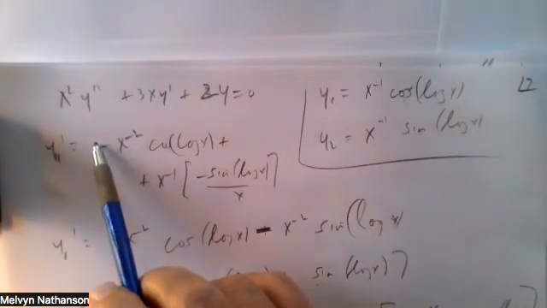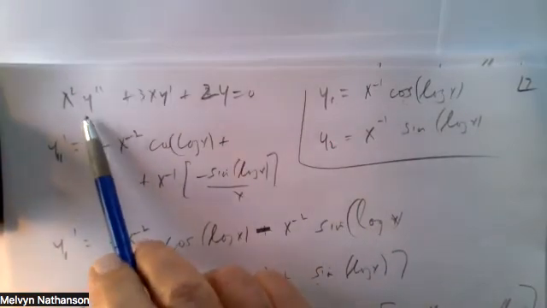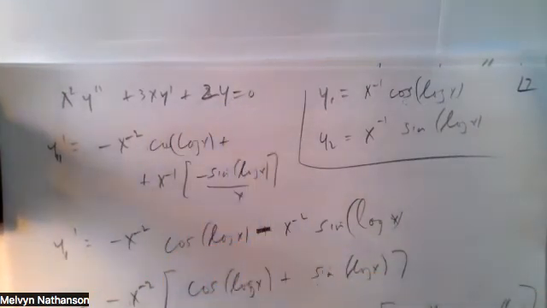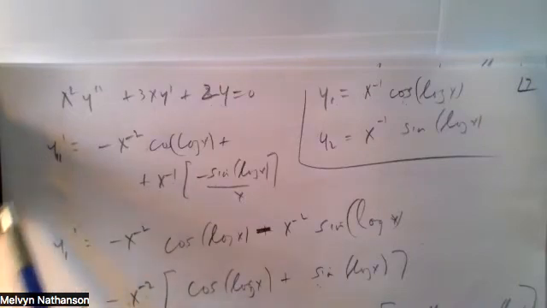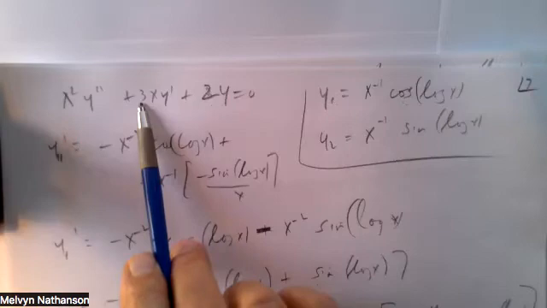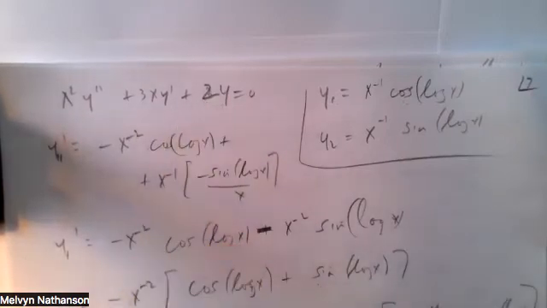So I have to go back and check what I did. Actually, I'm always happy when I do something wrong because I like to have to go back and check. So let's double check our work. Here was my differential equation: x squared y double prime plus 3xy prime plus 2y equals 0. So A is 1, B is 3, C is 2.